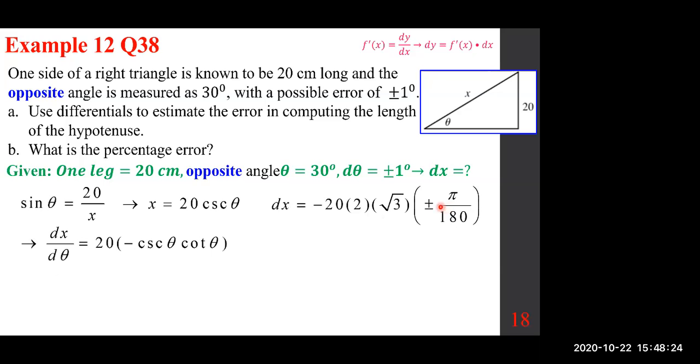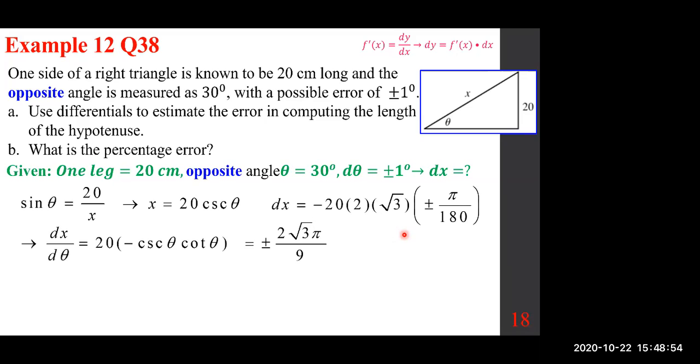d theta is plus minus 1 degree, or plus minus pi over 180. Class, I can't really emphasize this enough. I hope everybody is comfortable with that. So plug in, evaluate, and that results in plus minus 2 square root of 3 pi over 9.